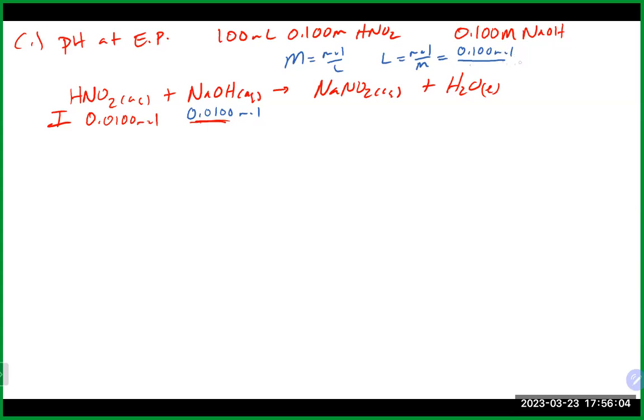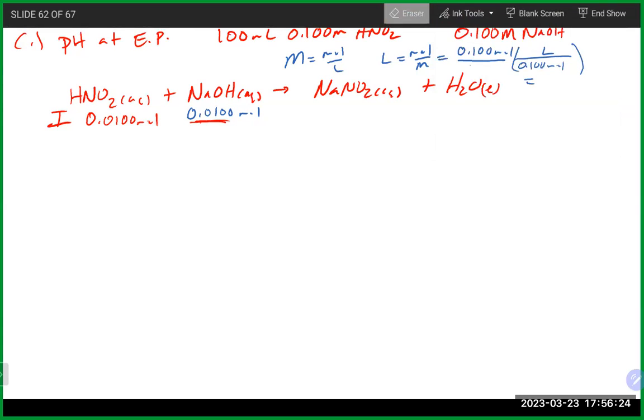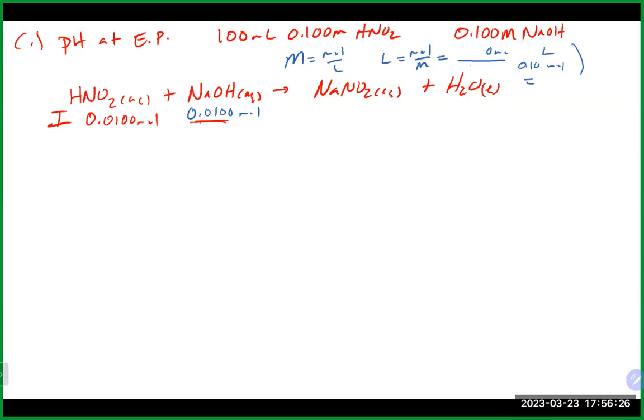I know the molarity here is 0.1 moles per liter. And if I take 0.1 divided by 0.1, gives me... I missed a 0 there, didn't I? I did. That would probably be good if I put the 0 in there. Take 2.